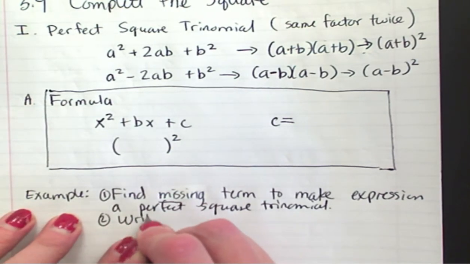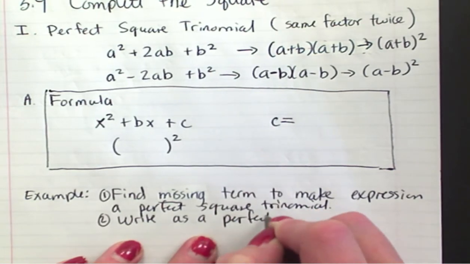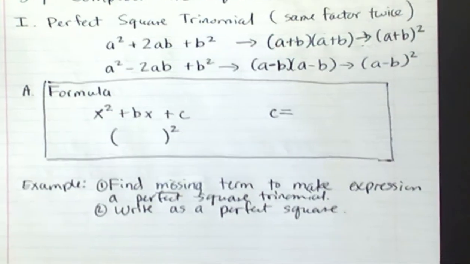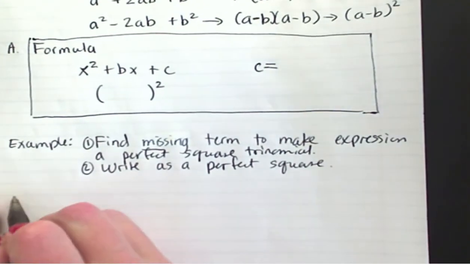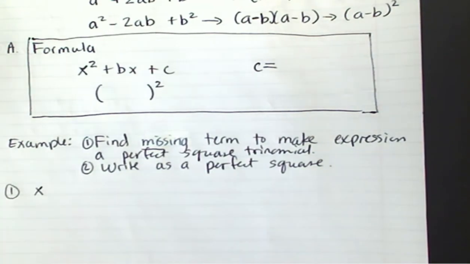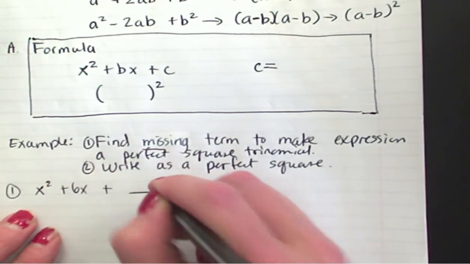Write it as a perfect square. Okay. Example: X squared plus 6x plus blank.